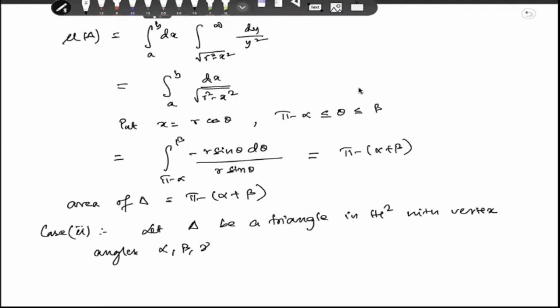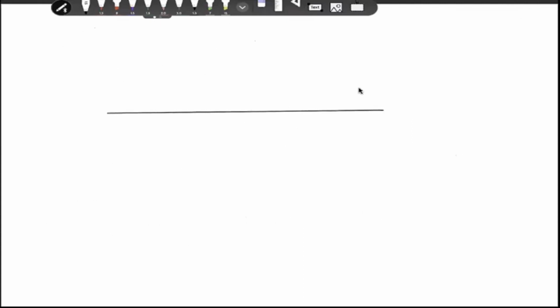So we'll use case 1 to prove that this mu of delta is equal to pi minus alpha plus beta plus gamma. Okay, so let us draw this picture here. So suppose this is my triangle, geodesic triangle. So each of the sides are my geodesics. This angle is alpha, this angle is your beta, and this angle is your gamma.